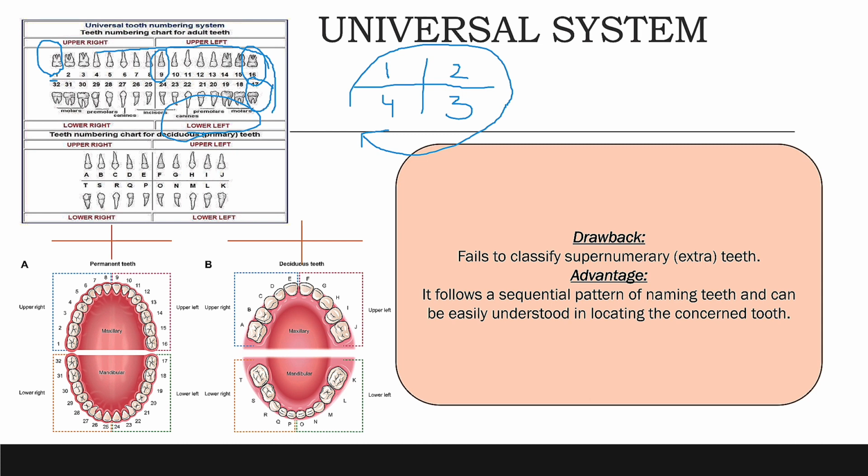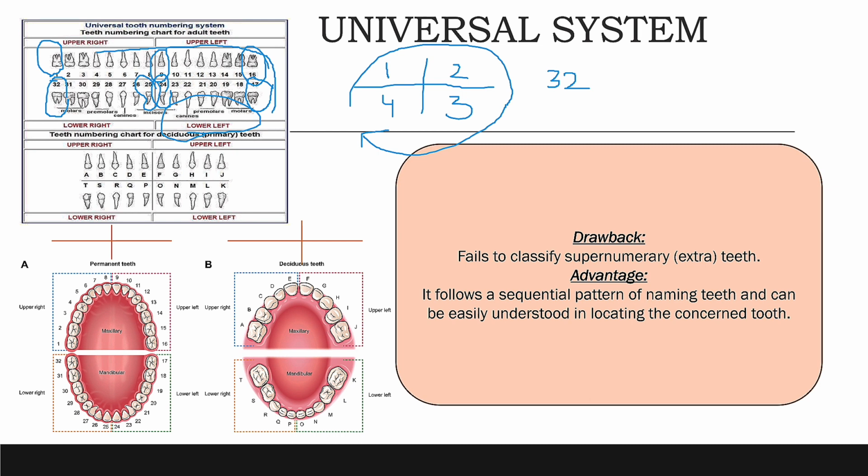Then it goes to the lower left central incisor as 24, then the lower right central incisor as 25. Then the numbers go through the lateral incisor, canine, first and second premolar up to the last third molar of the lower right side as 32. So in total we have 32 in permanent, as I told.